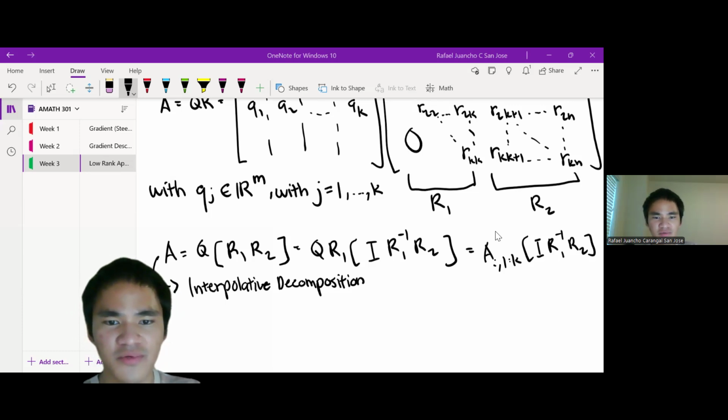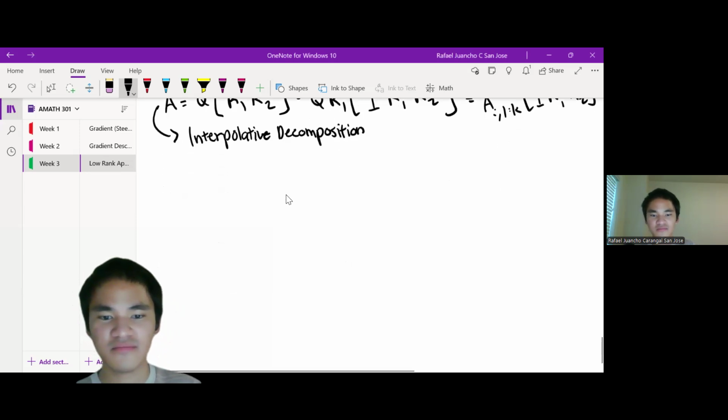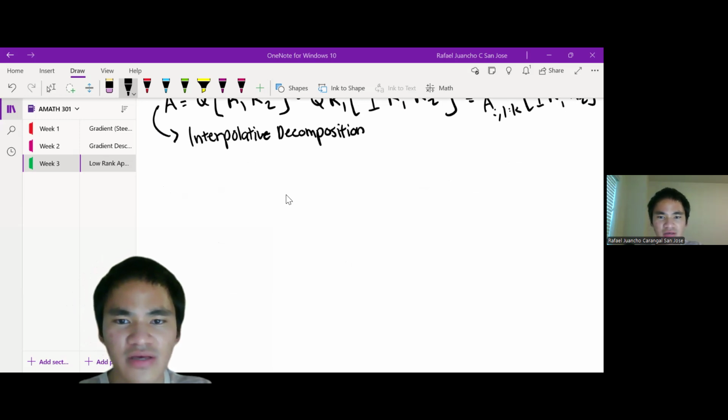And so we permute columns, column pivoted QR. And so what does that mean? Well, we can actually pivot these.